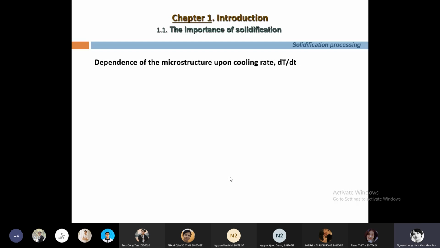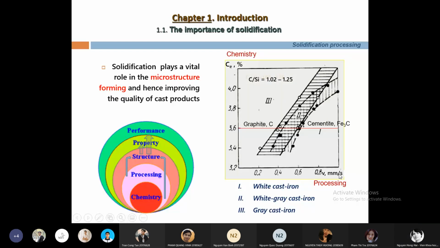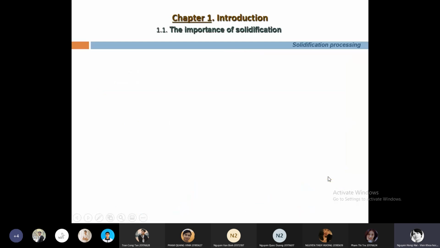You can see this solidification index is very related with the cooling rate, but it is a different thing. The cooling rate and the solidification rate are different things, not the same.